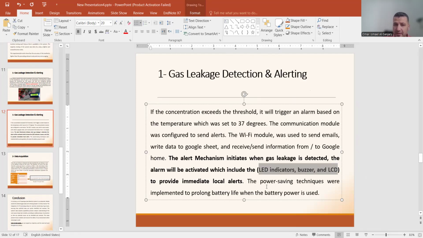These give the alarm and will be activated, including all three components of the prototype, to provide an immediate local alert. So this is for the gas leakage detection alarm.